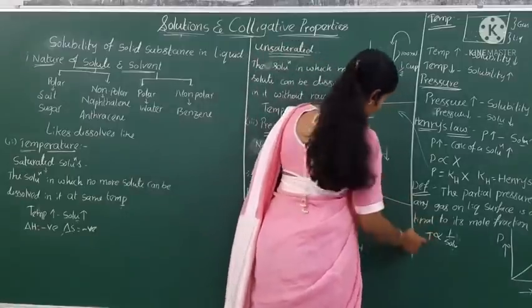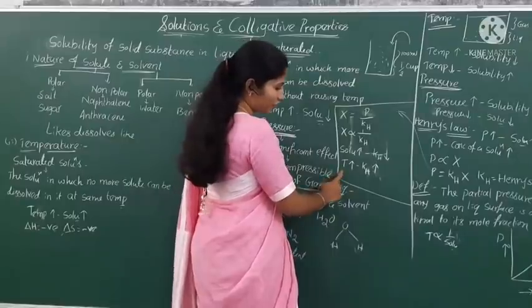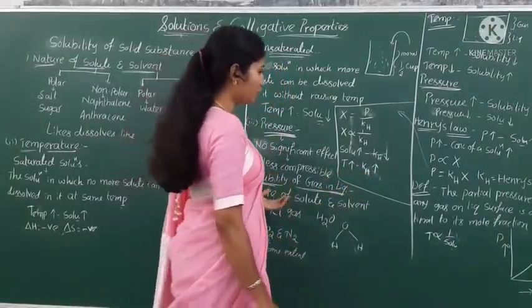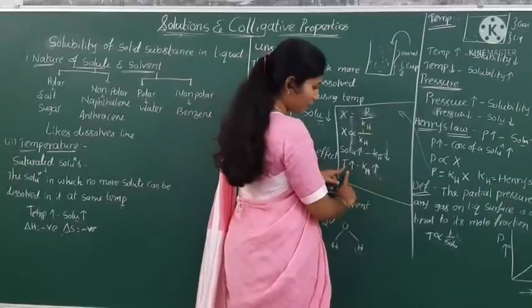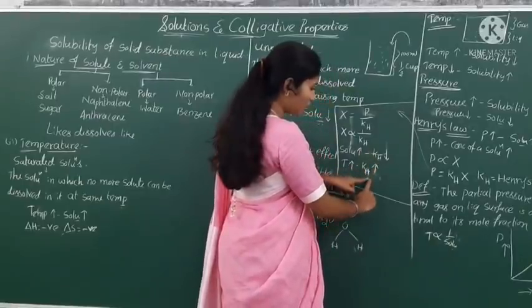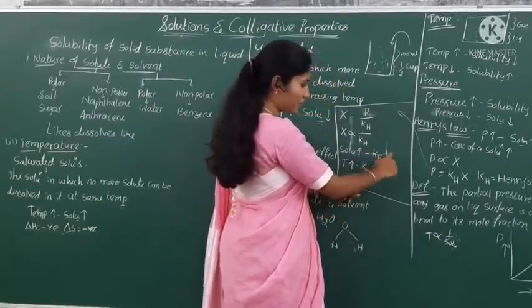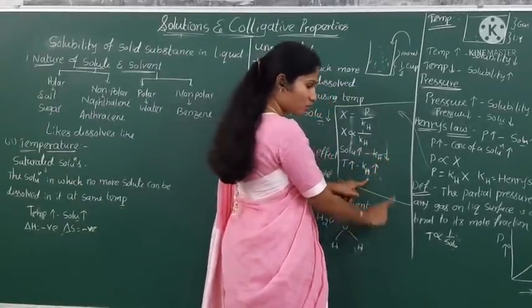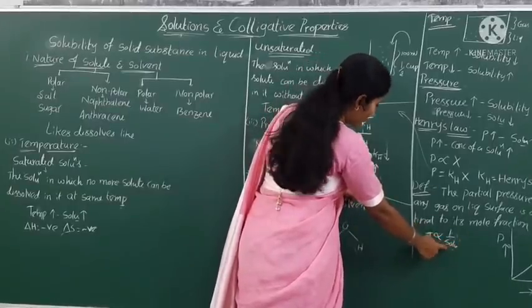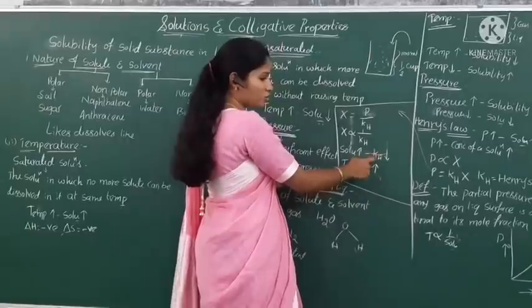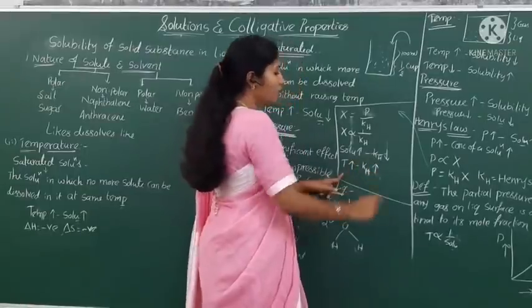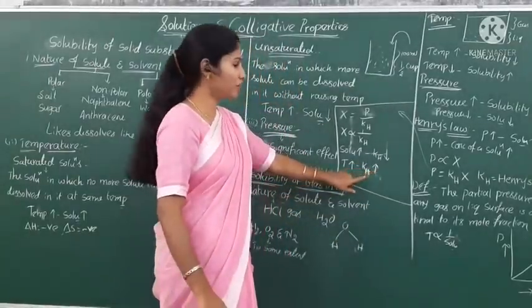From these two equations, we can write that by increasing temperature, the Henry's constant value also increases. Increasing temperature means solubility decreases, and solubility decreases means the KH value increases. Understood? If the solubility decreases, automatically the Henry's constant value increases. That's why by increasing temperature, the Henry's constant value also increases.